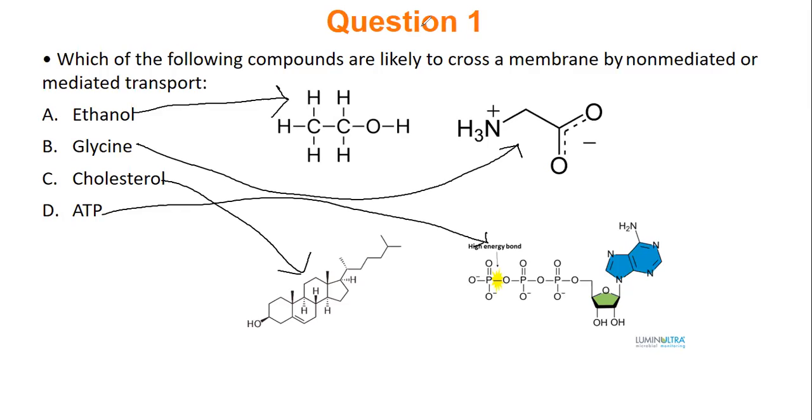All right, so let's take a look at this. Ethanol, this one is a little surprising. That can actually go through non-mediated, so it can transport through the cell. I say it's a little surprising because it does have a polar group, this OH, but it can still get through the membrane because it has a large nonpolar section.